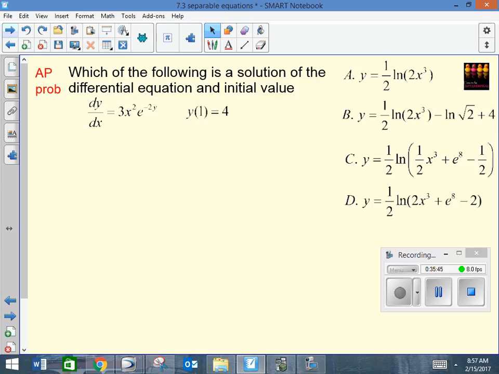Originally I thought, why don't I just plug in to see if 1, 4 works in these, instead of the whole big process? I don't think it saved me any time, because I had to eliminate one of those choices. So basically, you can think of a better way, basically just solve that DiffyQ.